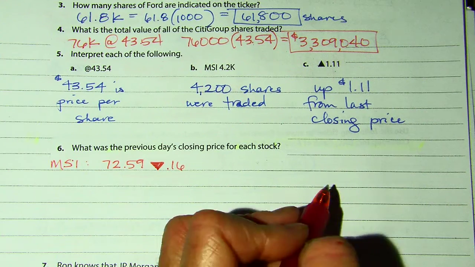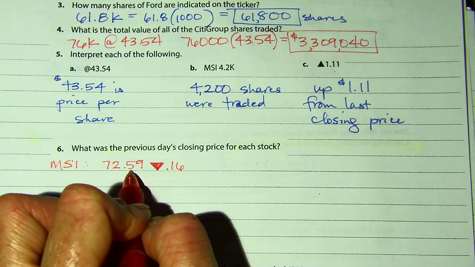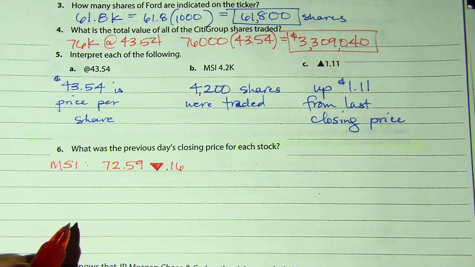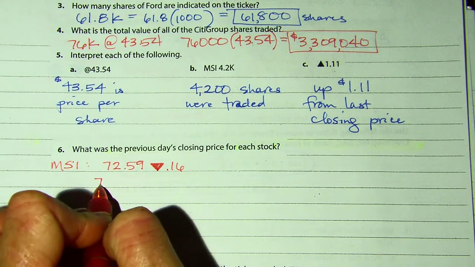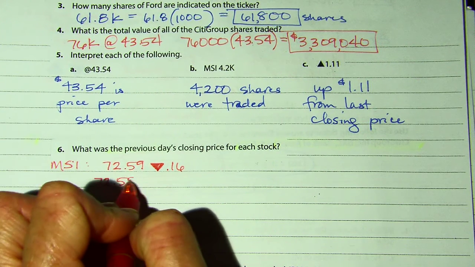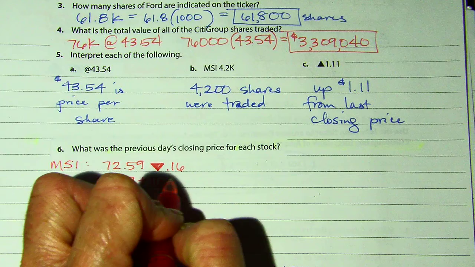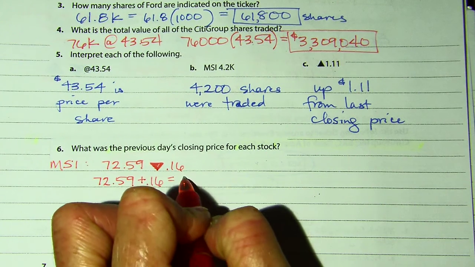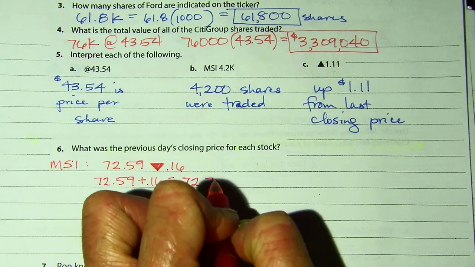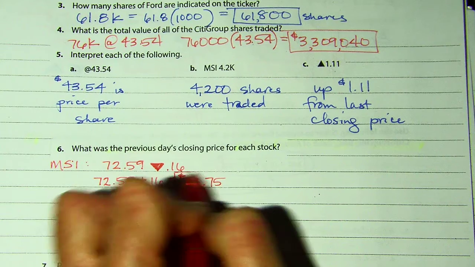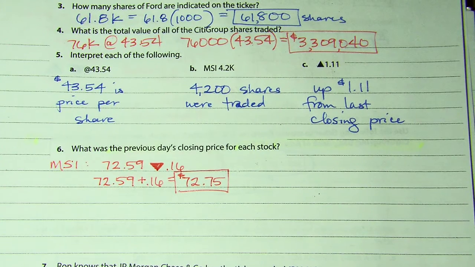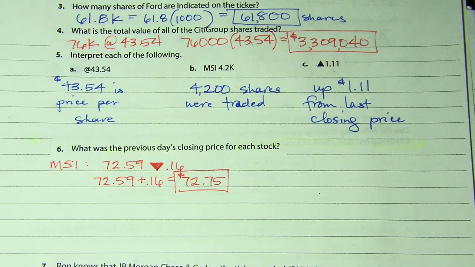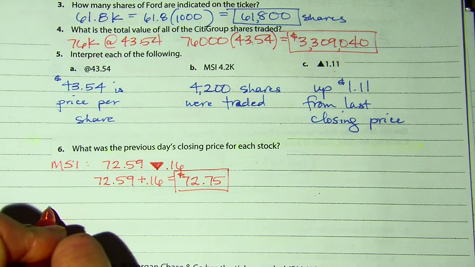So that means that this price is lower than yesterday, right? Because it's down 16 cents. So to find yesterday's, I would actually add 0.16. And so that would give me yesterday's closing price was $72.75, because the difference between yesterday and today, it went down.